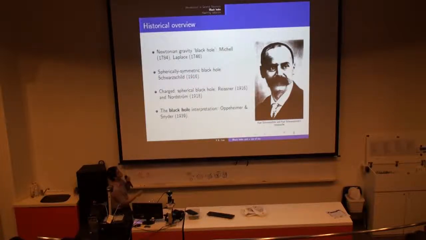But it turns out, if you look further back into history, people had actually thought about the concept of a black hole before, through the idea of escape velocity. They asked the question, what is so dense that the escape velocity is the speed of light? Michell and Laplace thought of that in the year 1746.